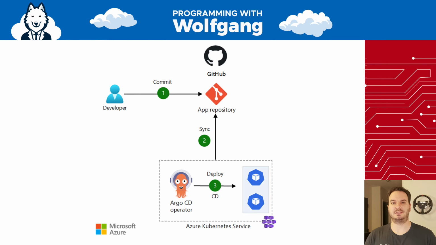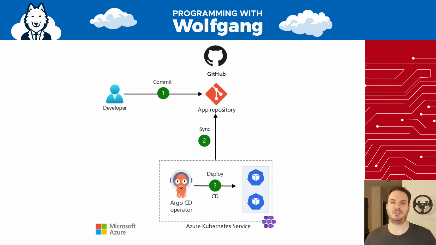This has many advantages. One advantage is drift detection. This means if the configuration inside your cluster changes, then the GitOps operator will see that the current configuration is different than the configuration in the Git repository and will remediate this. And the second big advantage is that you can lock down your Kubernetes cluster.